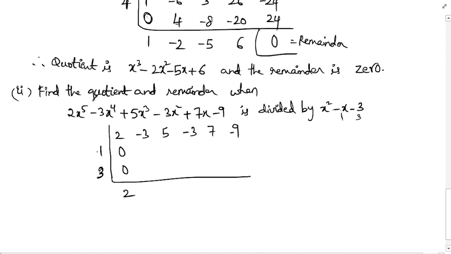Then what we'll get here, 1 twos are 2. Here again we'll consider it as 0. For the first one we'll consider only the first position as 0, but for the second one we'll consider two positions as 0 by default. Now again minus 3 plus 2 is minus 1. Now 1 into minus 1 is minus 1.